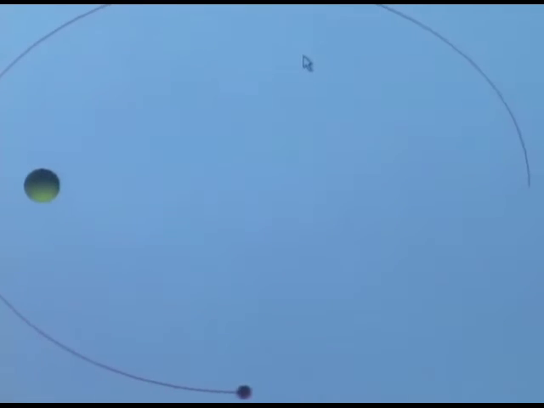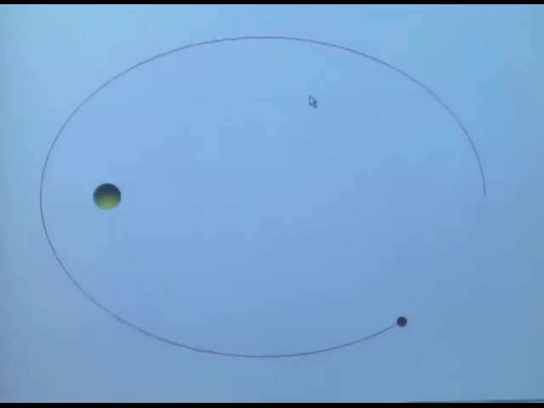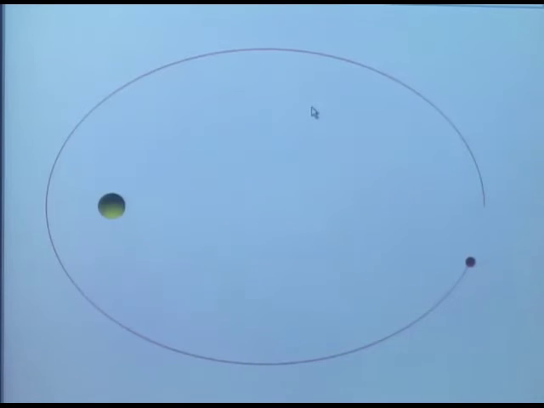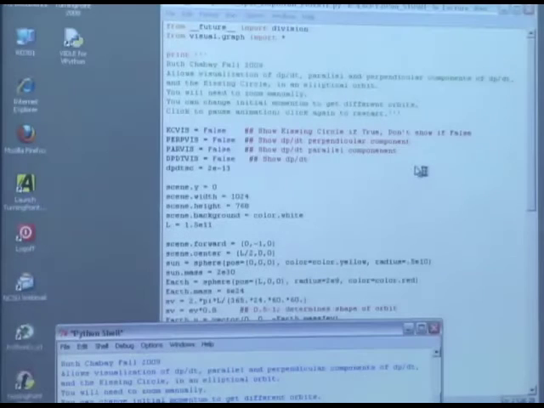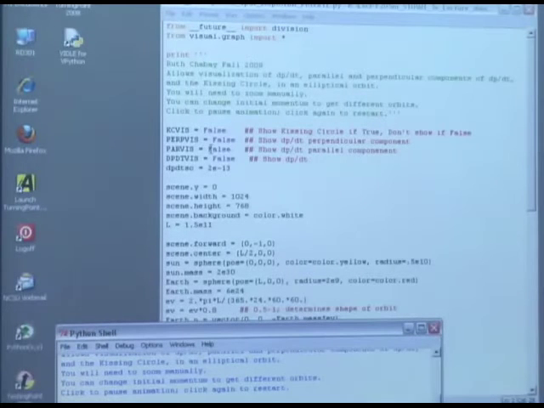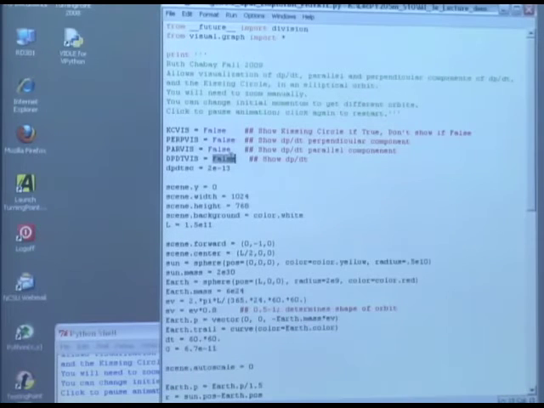Here's some object orbiting another object in an orbit that looks like an ellipse. It speeds up, it slows down. We can look at dp dt for the moving object. Maybe it's a comet.